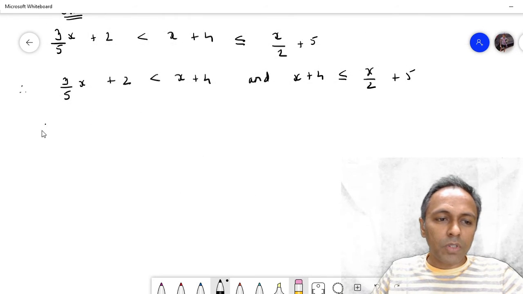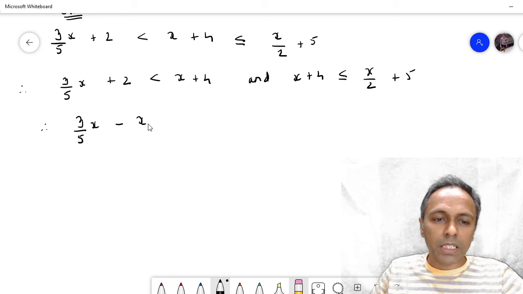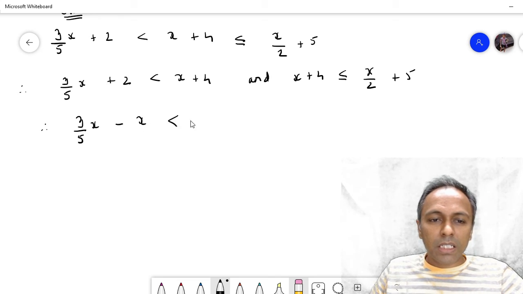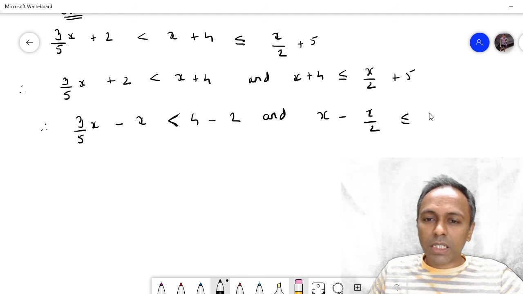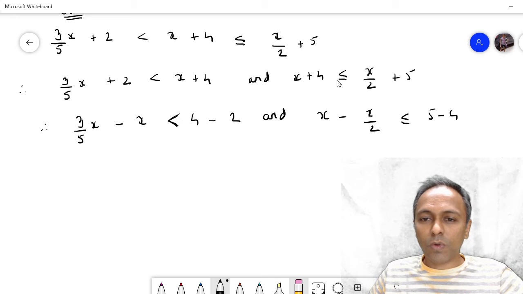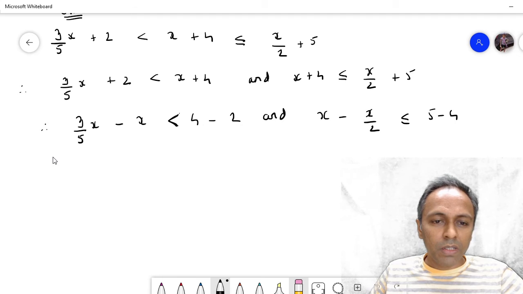Let us bring the x terms on the left hand side. So 3/5x minus x is less than 4 minus 2, and x minus x/2 is less than or equal to 5 minus 4. 4 has gone to the right hand side, x by 2 has come here.